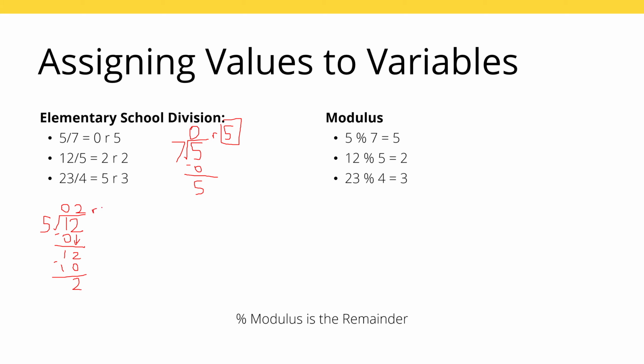So you got remainder 2. Okay, so if it helps you, I'll draw an arrow. That's that. And that's that. So what is 12 mod 5? Well, what's the remainder when I do 12 divided by 5? The remainder is that 2.